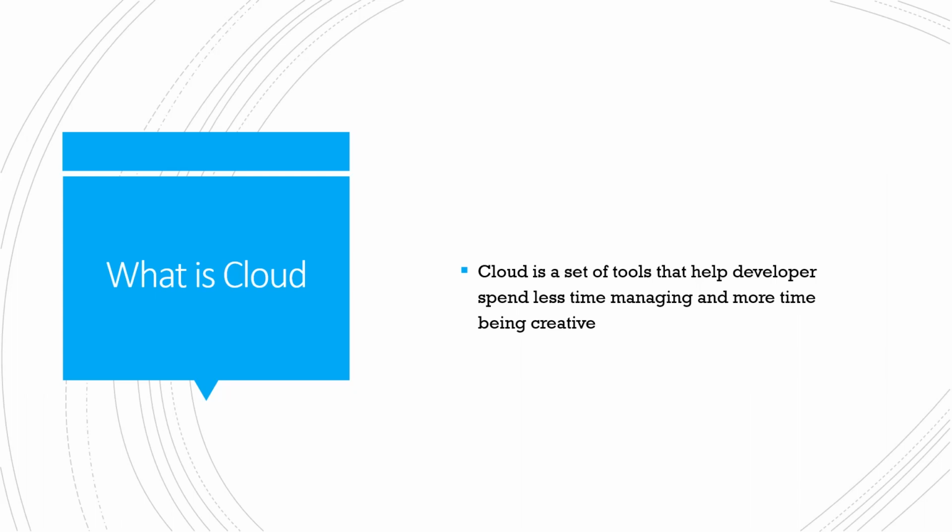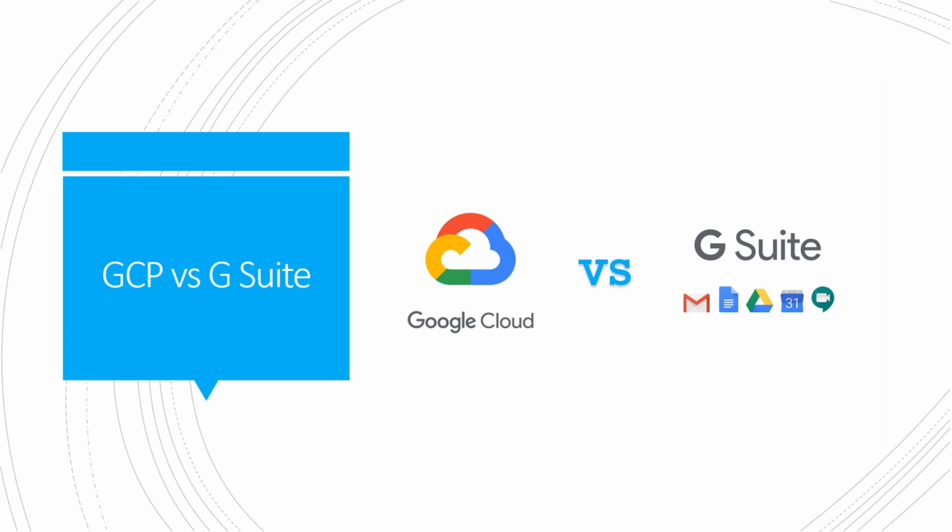So in the developer sense, that is the definition that we can give to cloud computing, or what a cloud is. So we will look at the difference between GCP and G Suite. Google Cloud is actually the broader picture. We also have GCP, which stands for Google Cloud Platform. Now, Google Cloud itself has two branches, the G Suite and the GCP.